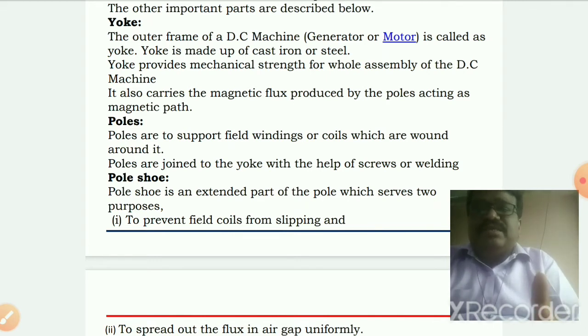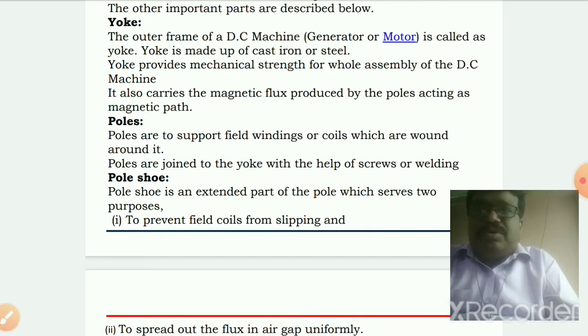Or the second one is, if the machine size and the rating is larger, then we use electromagnets. These electromagnets consist of a winding also, and this winding will carry the current. Whenever the current is supplied to the magnetic poles, they will become magnets. They will acquire magnetic property and produce the required magnetic flux.